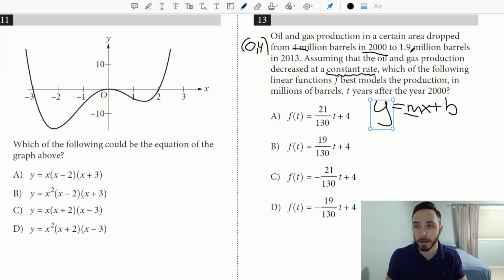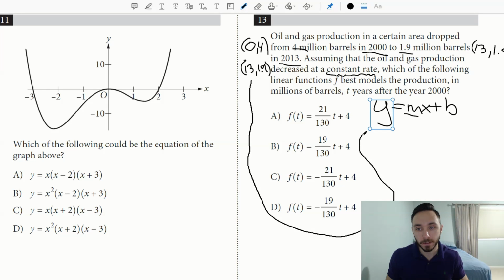And my second ordered pair is 1.9 million barrels in 2013. 2013 is 13 years after 2000, and we're at 1.9 million barrels. I probably put that ordered pair where you can't see, so I'm going to put it right here: 13, comma 1.9. We're just taking these ordered pairs and simply finding the slope. That's all we're doing.